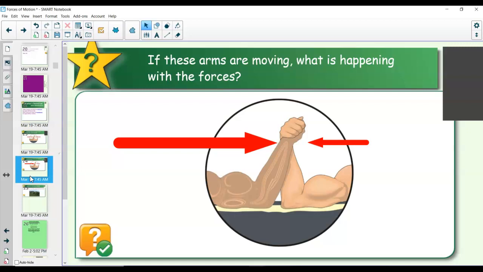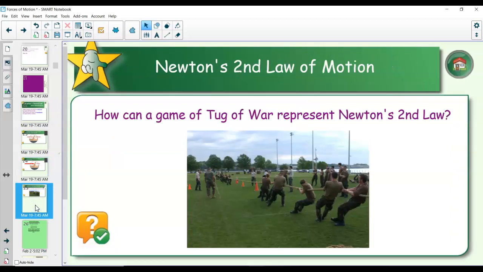They are unbalanced. So reviewing the second law of motion: when forces are balanced, there's no movement. But when the forces are unbalanced, there is movement.